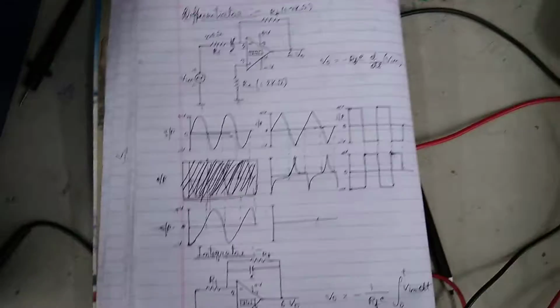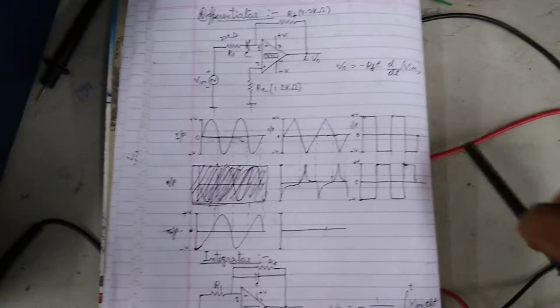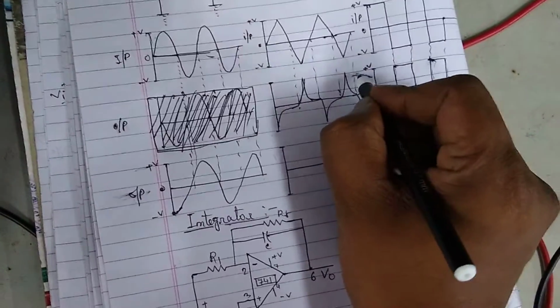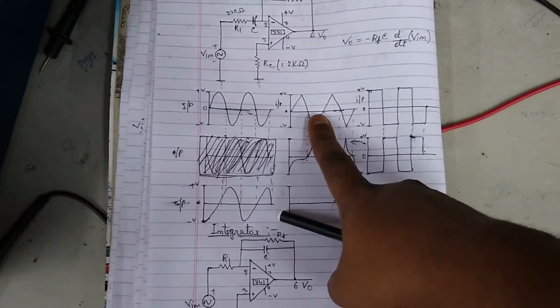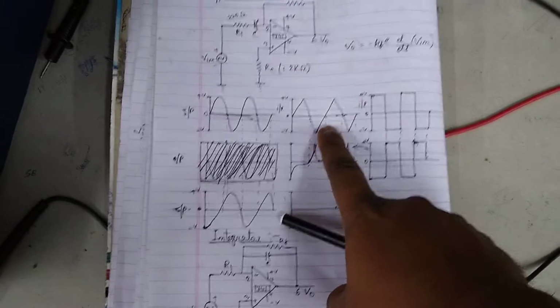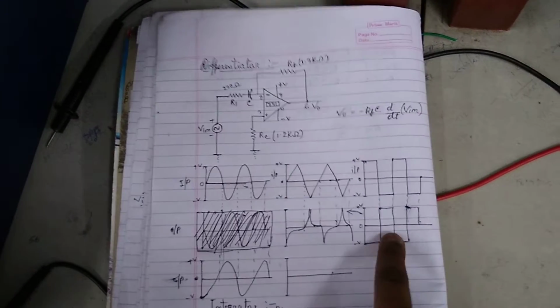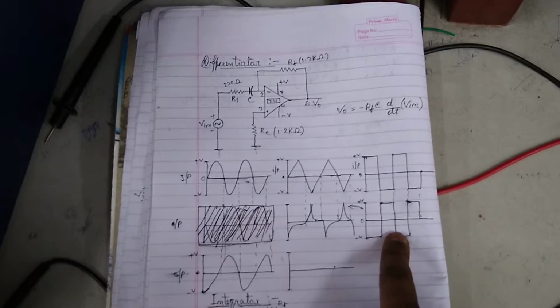sorry, here I have made a mistake. Actually this waveform is this, that means if we apply a triangular waveform at the input of the differentiator, we will get a rectangular waveform at the output.